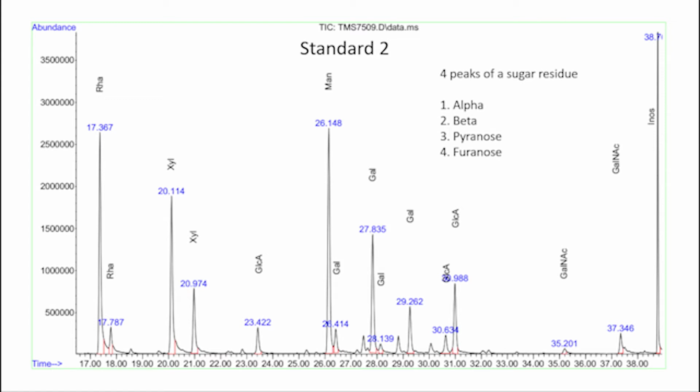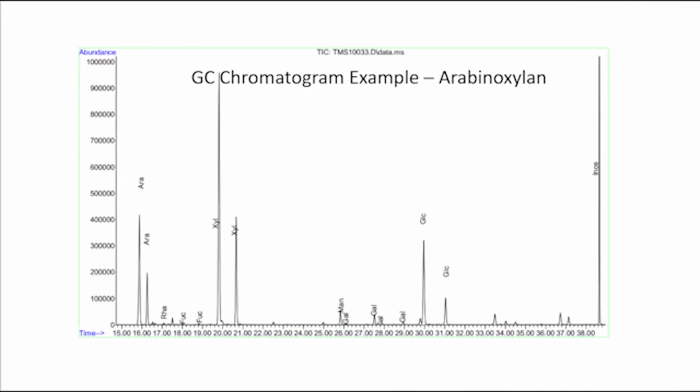For quantitation purposes of our standards and sample, we only integrate the most major as well as consistent peaks for each sugar residue. In this example, our sample, which is mainly arabinoxylan, shows arabinose, 1 identified residue of rhamnose, fucose, xylose, mannose, galactose, glucose, and our internal standard inositol.